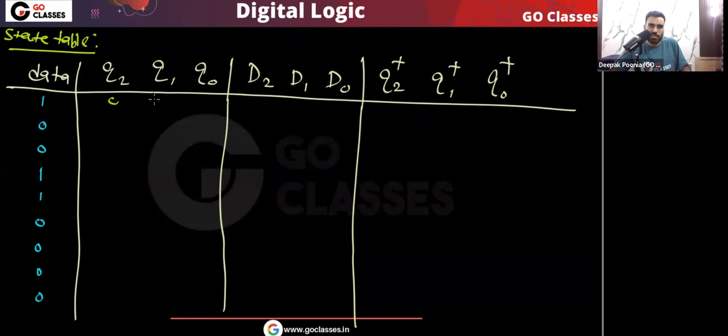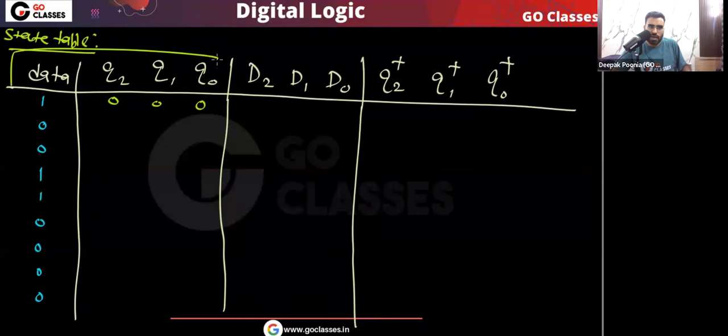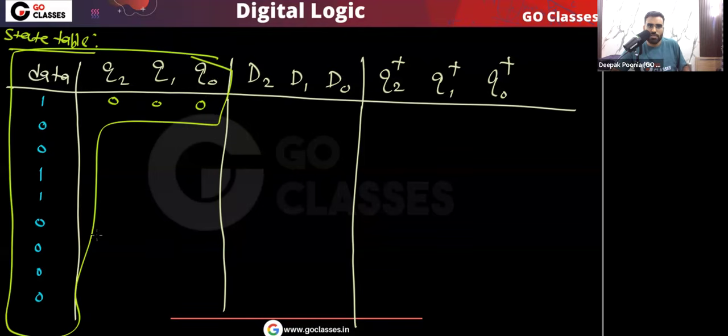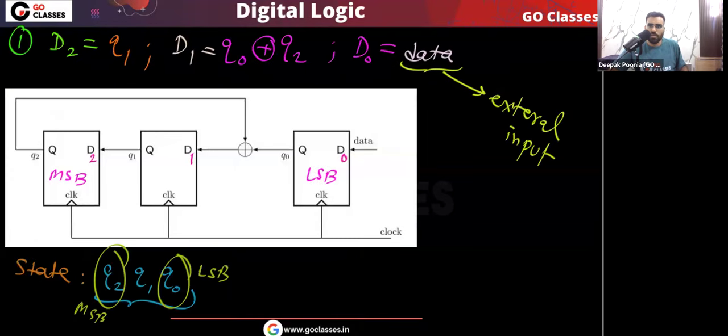So you can see the initial state, that is 0 0 0. This is what is given to you. So far what I have written is what is given to me. Now I need to calculate. Let's calculate. You can see the flip flop inputs. Let me quickly write. What is D2?